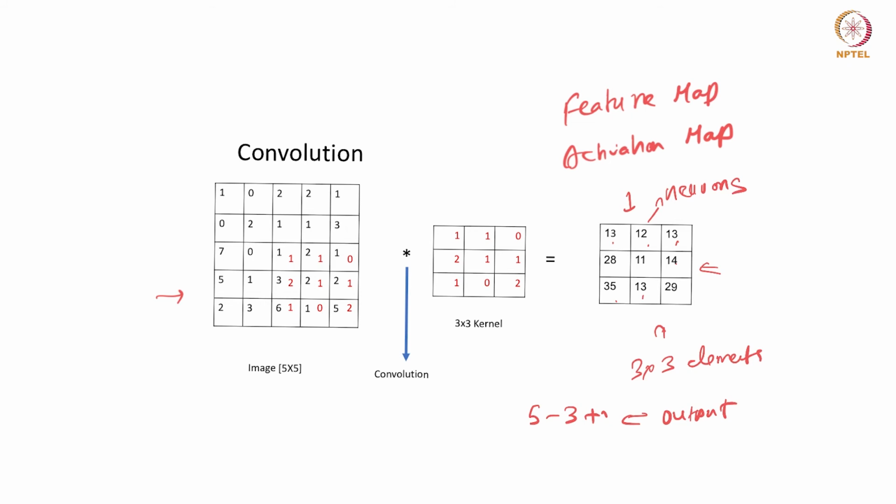All of these are acceptable terms. But typically, you would say this is a feature map. You would call this an input feature map and this an output feature map. These are all terms which are used interchangeably in convolutional neural network jargon.